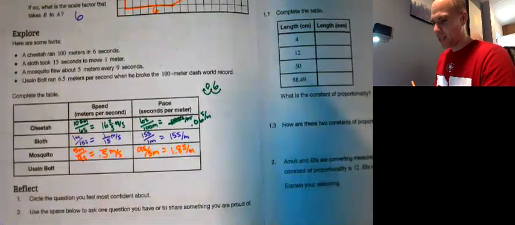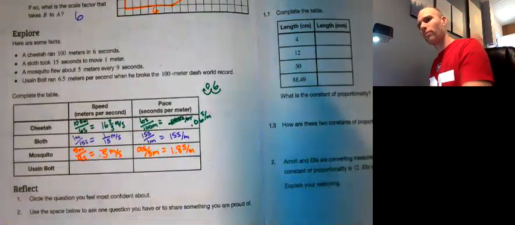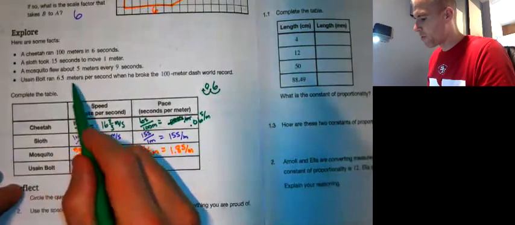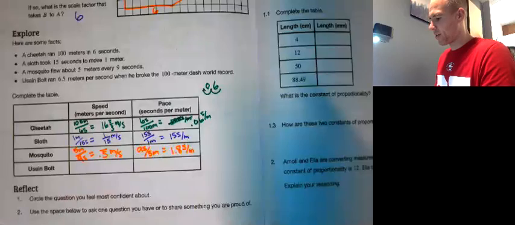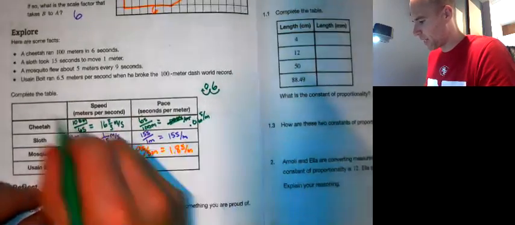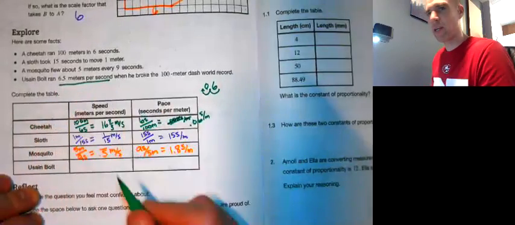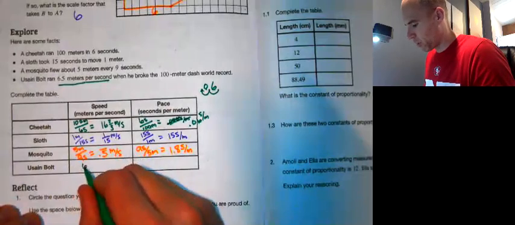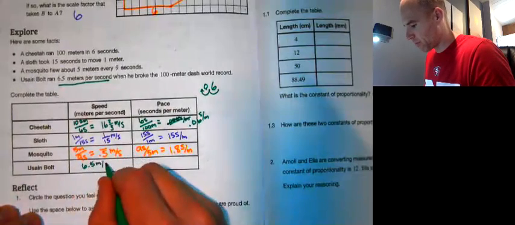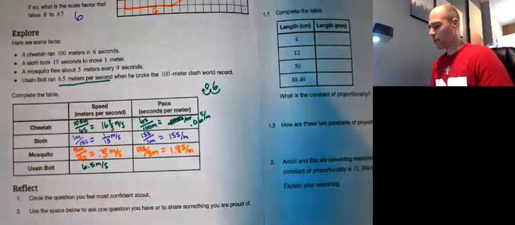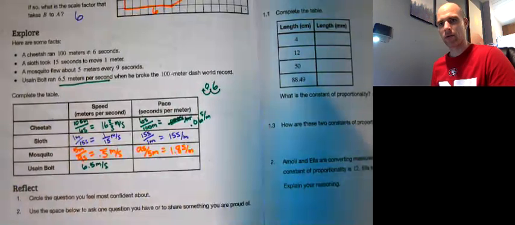All right, and lastly, for Usain Bolt, it says that he went 6.5 meters per second. So they're actually giving us this one, it's literally in the information. 6.5 meters per second means 6.5 meters every second. They gave us that part. Now we have to figure out the pace. How many seconds per meter is that?